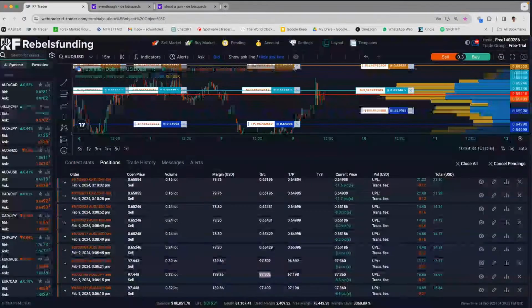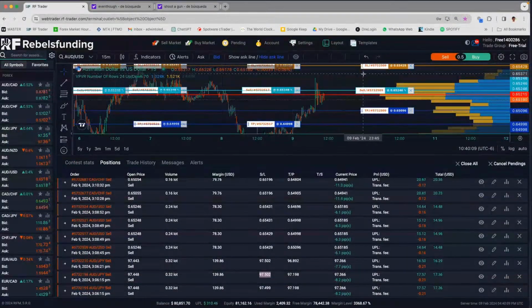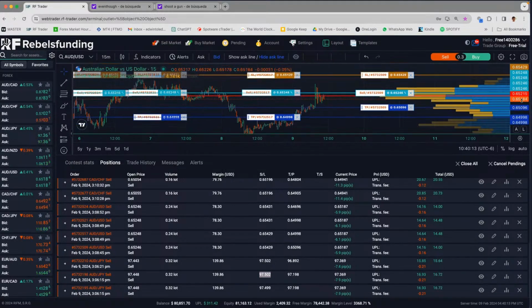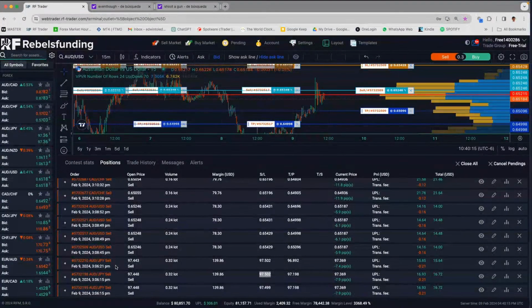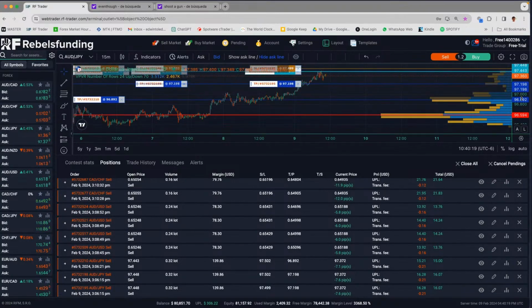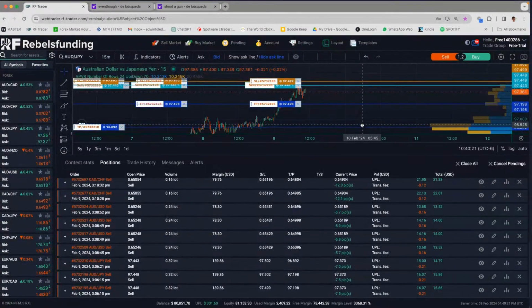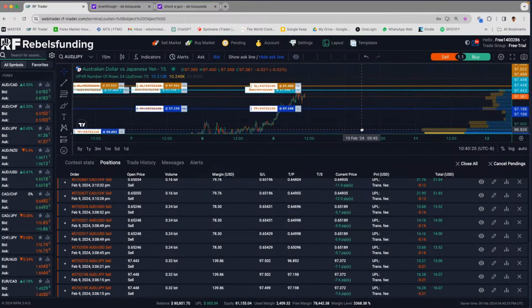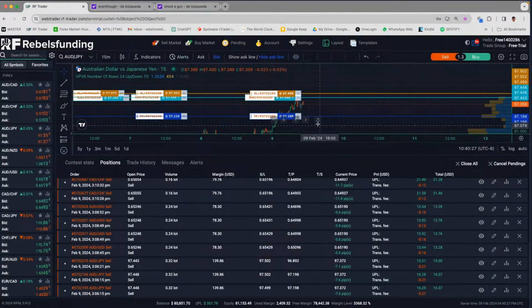I think this is just at a very important place where price can reject that area. We have our stop loss right there.